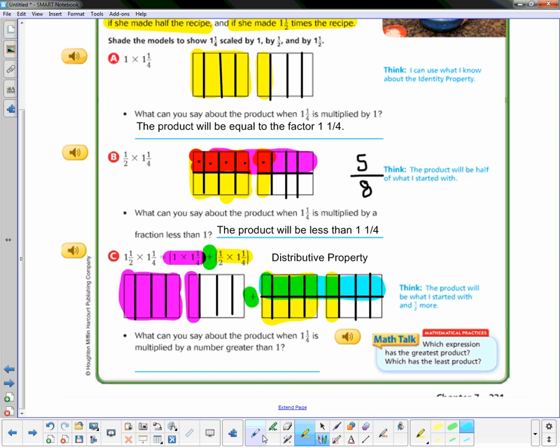So, the marker up. 1, 2, 3, 4, 5. Oh, we need the same denominator to add. 1, 2, 3, 4, 5, 6, 7, 8. 5 eighths. Over 1, 2, 3, 4, 5. 5 over 4. We need the same denominator.